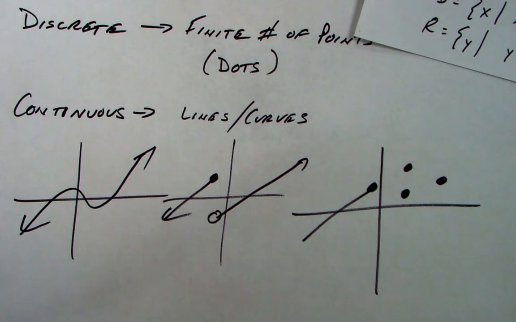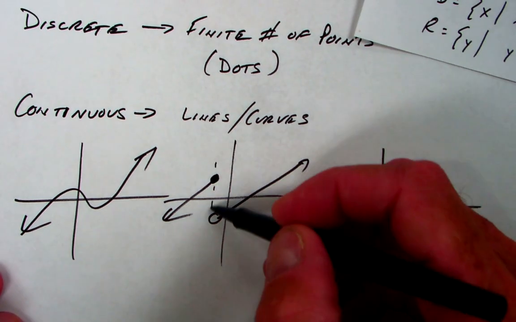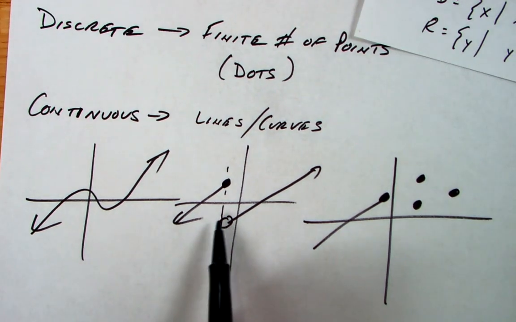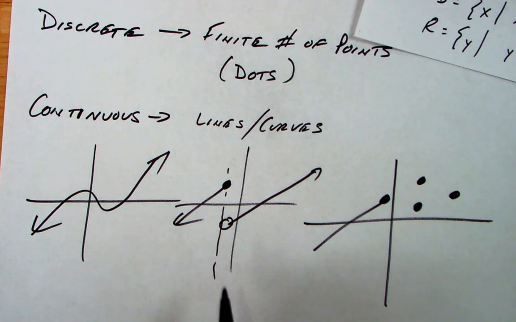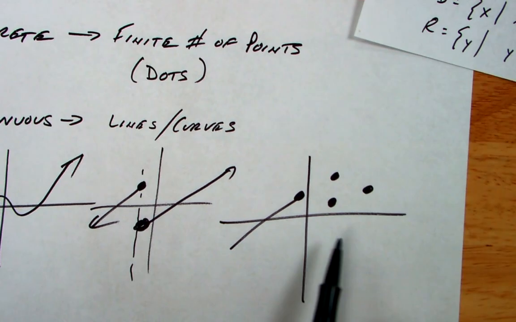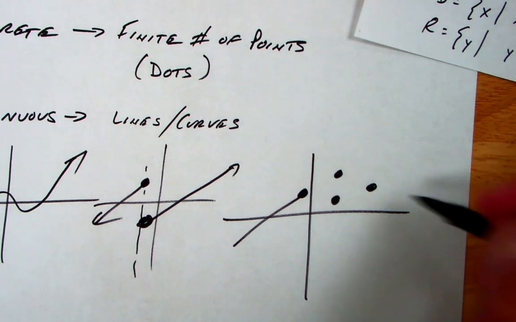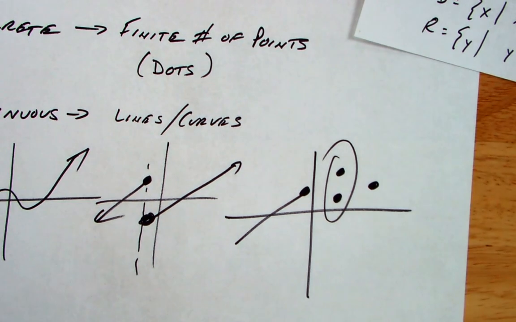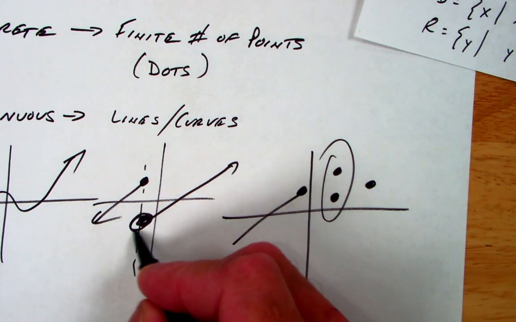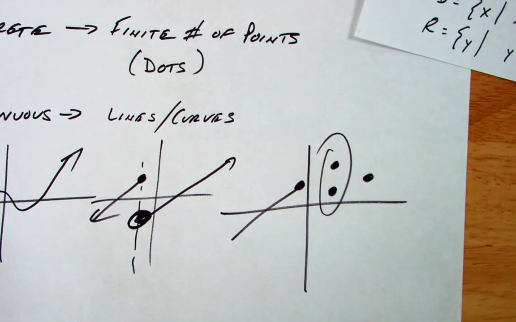If these two are above each other, it's a function because I used this point and that was an open circle. So this is a function. If I did this, that would make it not a function. This one here, function or not a function? No, not a function. It can't be vertical.